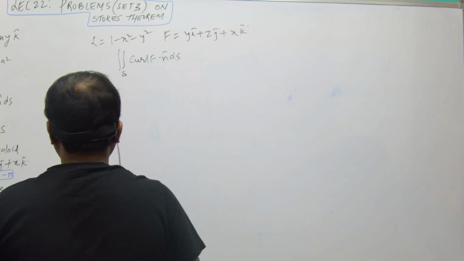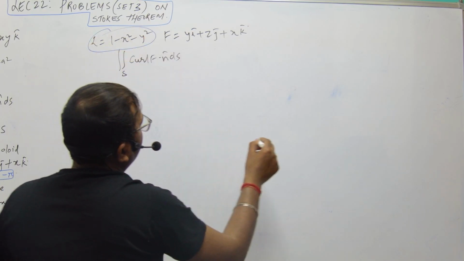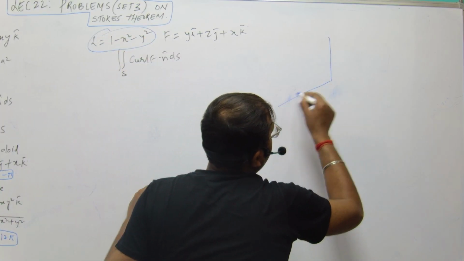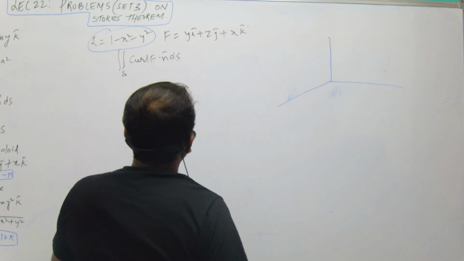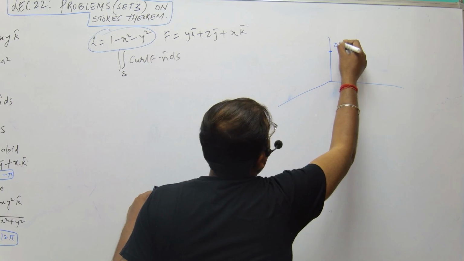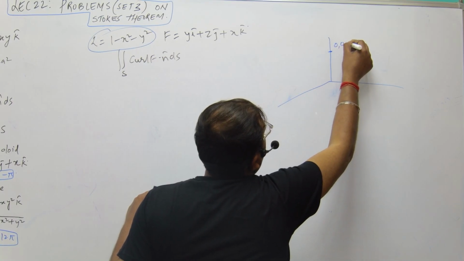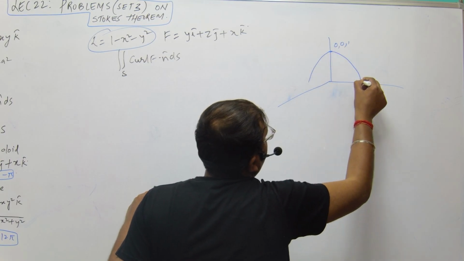We have the equation of the paraboloid as this one. Let us draw the coordinate axes, and put x is equal to 0, y is equal to 0, so the vertex is at 0, 0, 1. The paraboloid is in this shape.